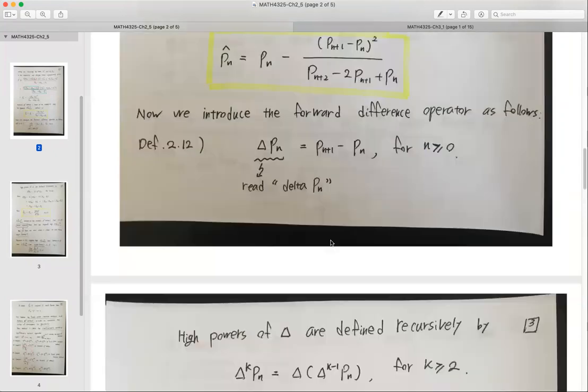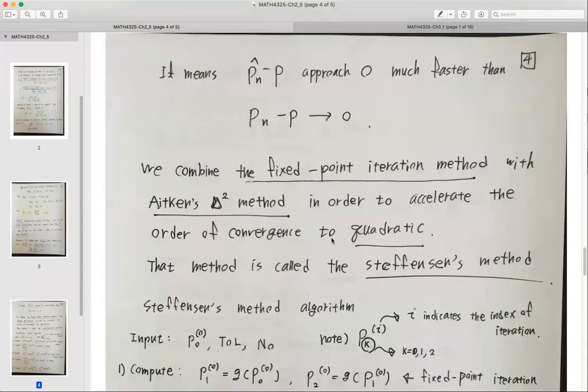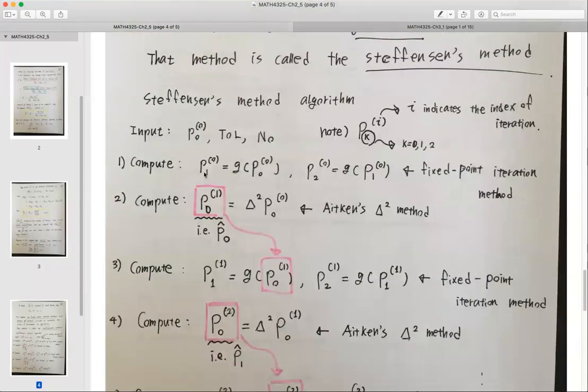We need 3 pieces of information, right? So that's why we had to compute P1, P2 when i equals 0, using the fixed point iterations, and then we calculate the P0 hat using Aitken's delta square method.